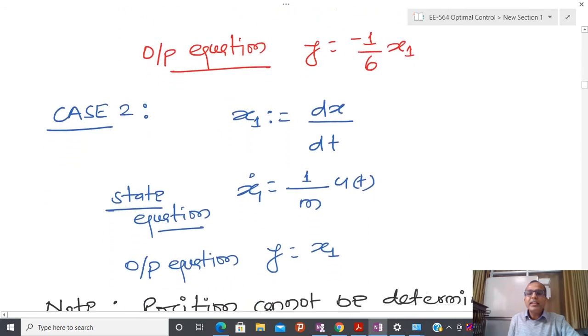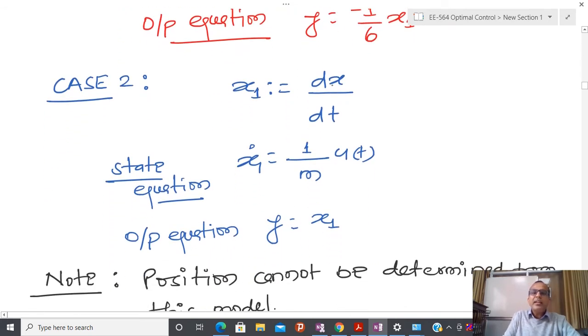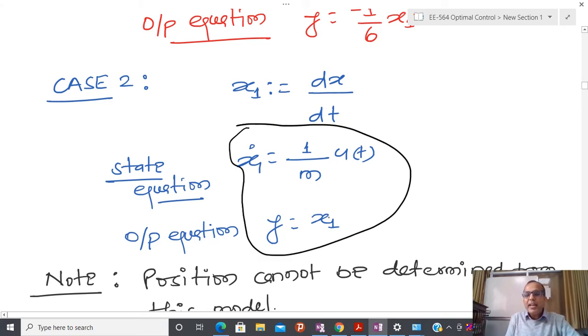Now let us come to the second situation, when I am assuming that my state x1 is dx by dt. In this situation the state space representation is like this. I have one algebraic equation for the output, and a first order differential equation. Since I am assuming that y equal to x1 is my output, that is velocity, this is the state space representation.